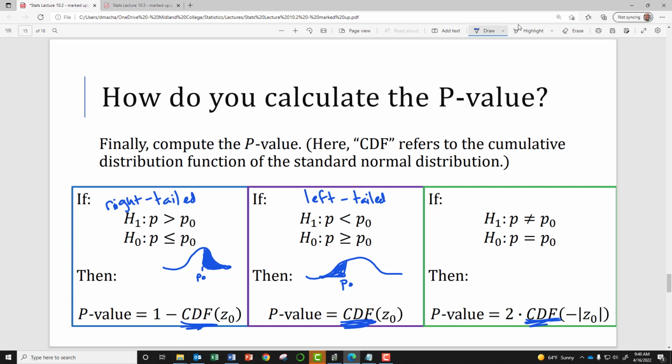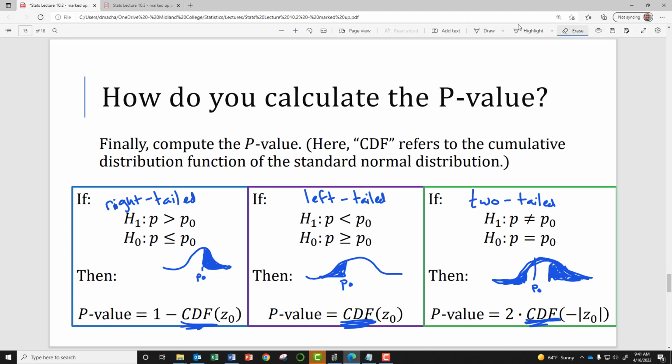And here, where I just say p is not equal to p naught, this is what we call a two-tailed test, because we're asking what is the probability that my actual population proportion is less than or greater than p naught. So we're going to calculate some area that falls just a little bit outside of p naught under the distribution.